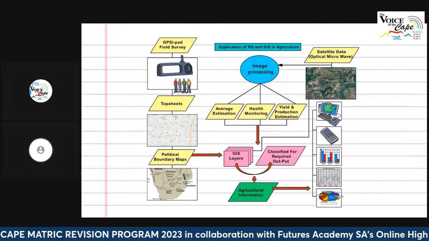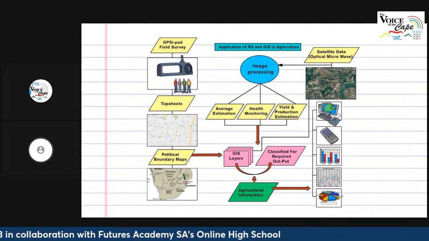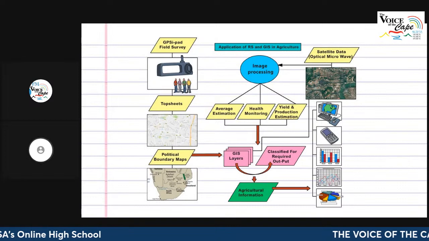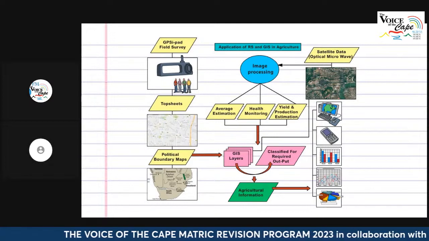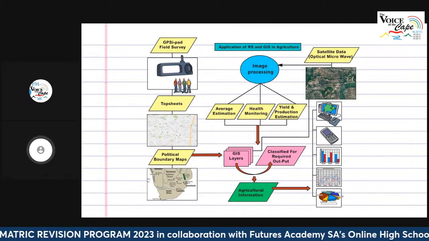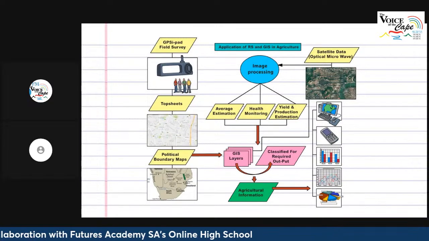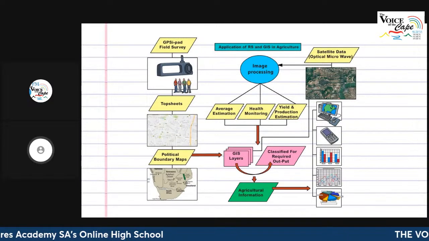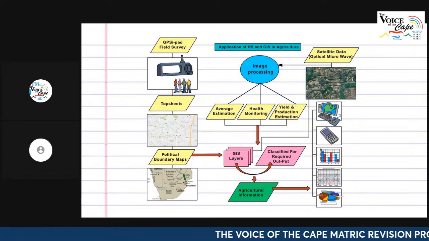Or we could use it in terms of yield. Say, for example, I farmed for the whole summer season, and at the end of the season, now that I am harvesting my crop, how much of that crop do I actually have? I can't really sit and count every piece of hay. So what I would do is use an image from a satellite to create GIS layers, which I showed you right in the beginning, when I broke down all those layers.